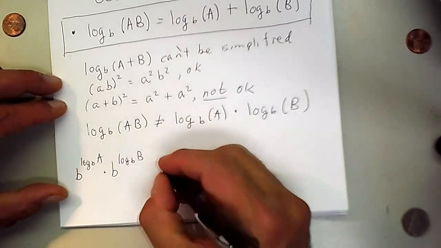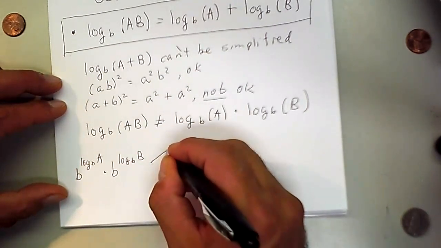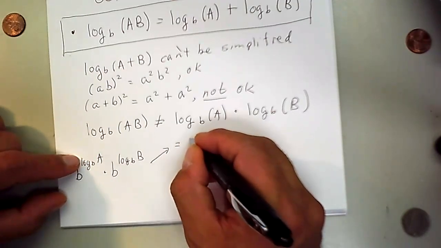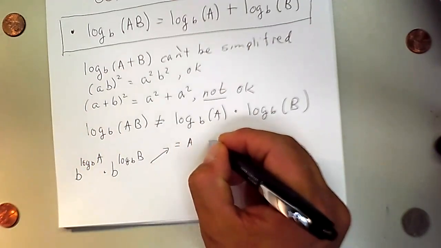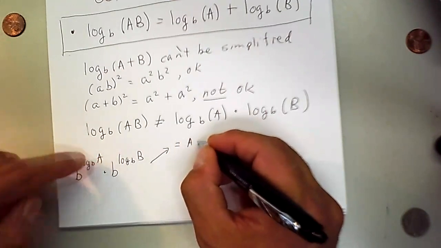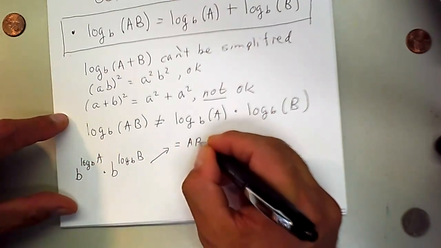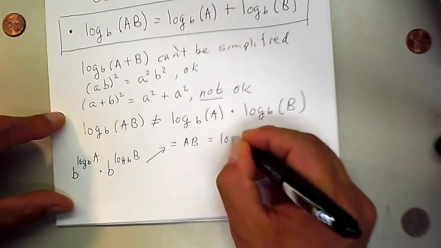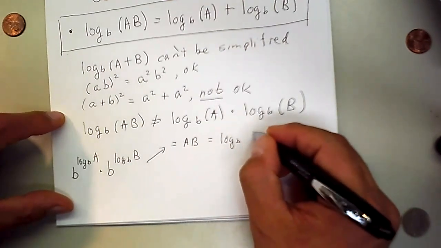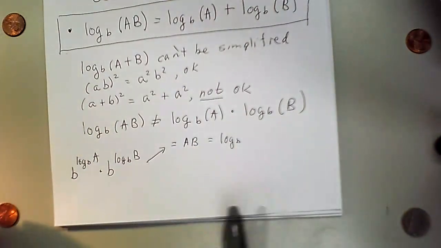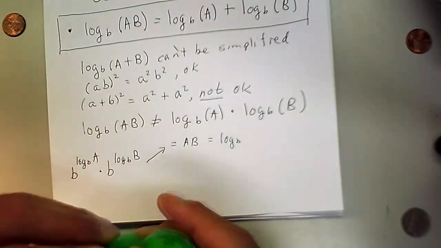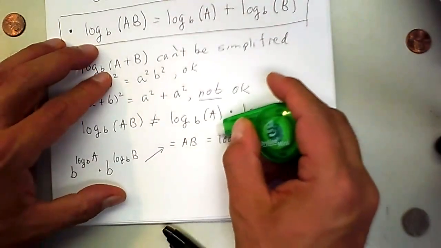So this is equal to, well, those two simplify and we end up with a. Those two simplify, so we are multiplying with b. Oh, I'm sorry, not the logarithm. I meant to say b to that logarithm that I was going to write down.